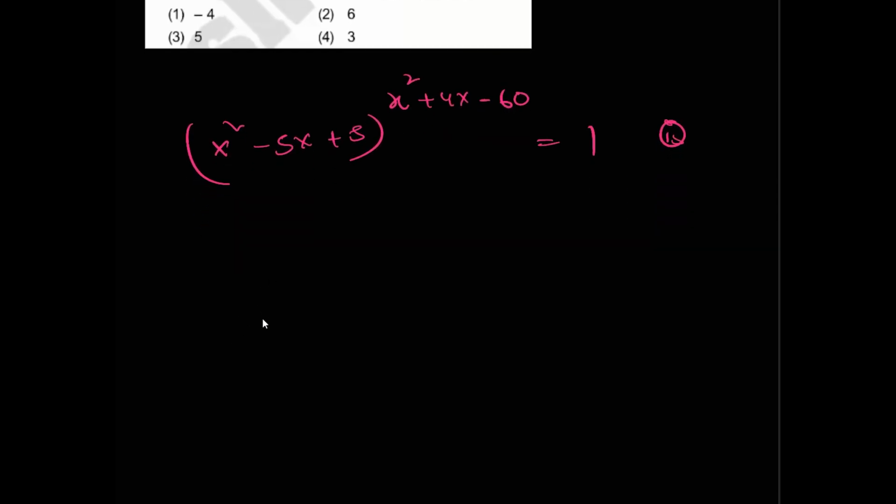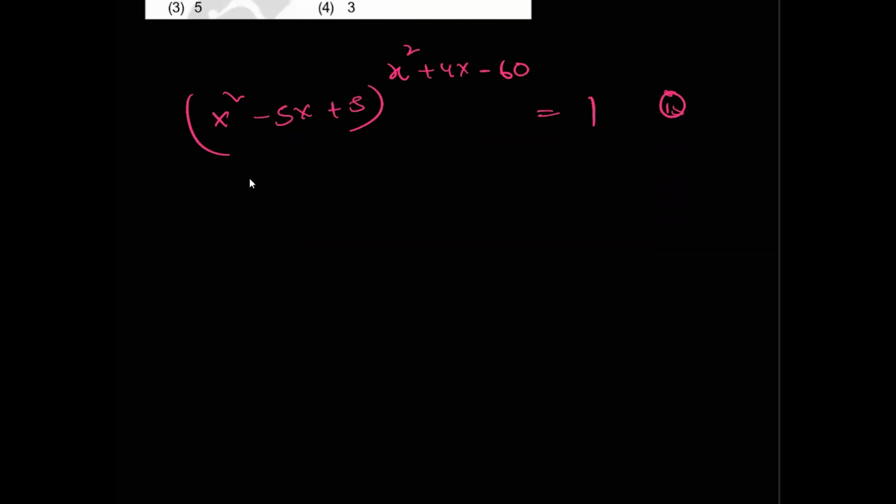Now, the sum of real values of x satisfying the equation x square minus 5x plus 5 whole power x square plus 4x minus 60 equals to 1 is. They are asking the sum of all values of x satisfying this equation.